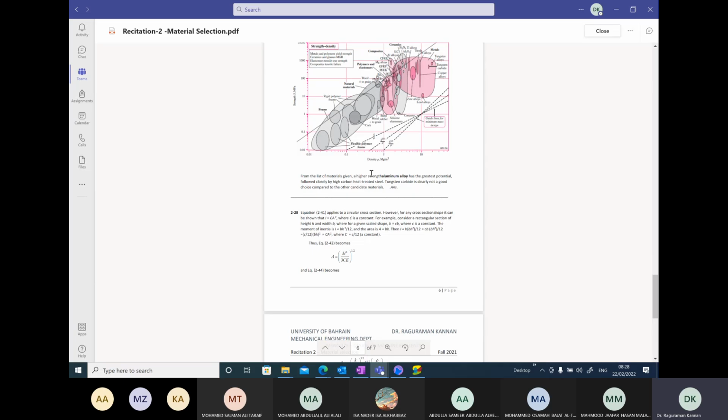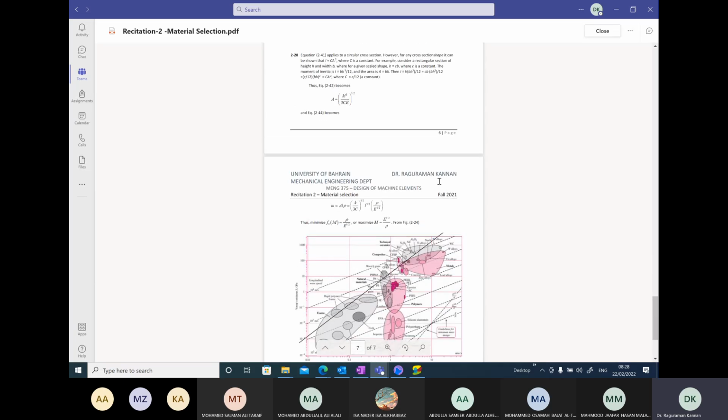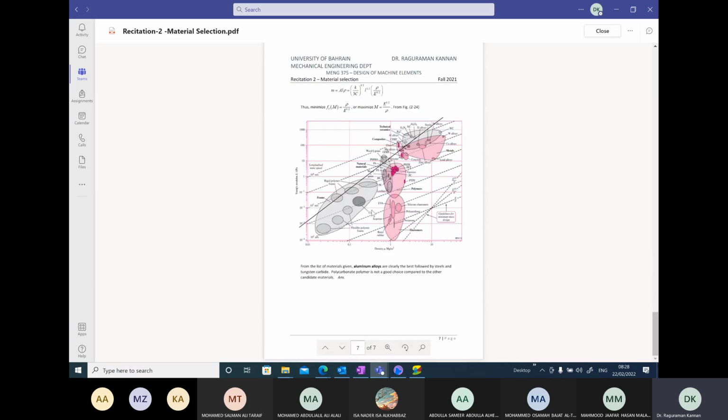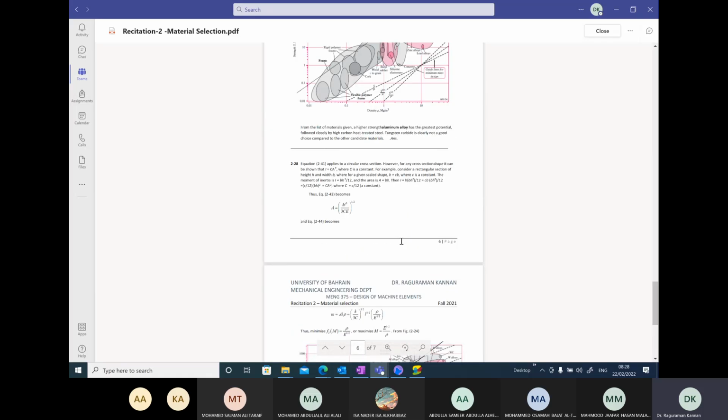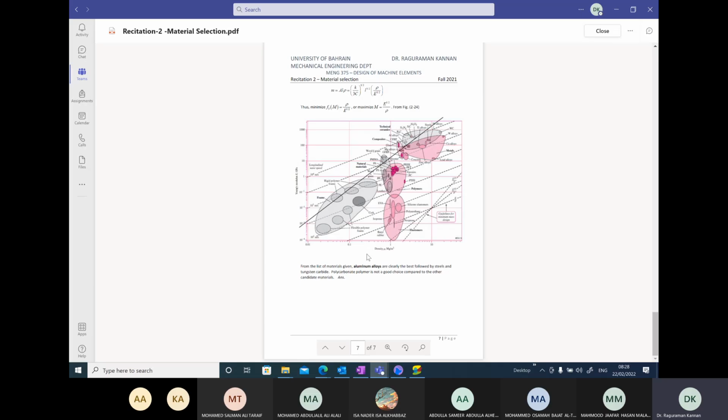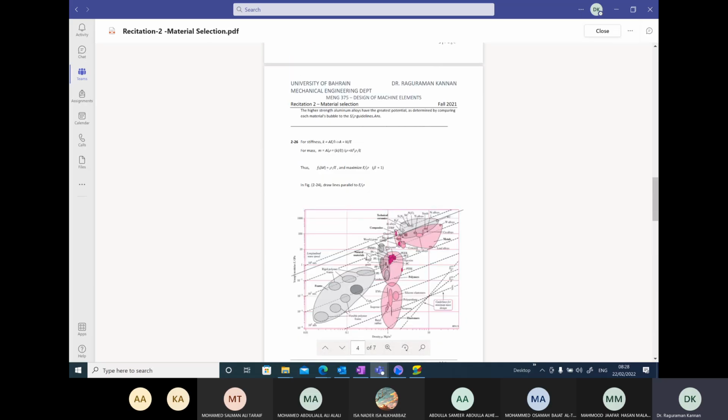You are given here an example problem for stiffness, light stiff beam. We already solved the problem. Again, you have more example problems here. So just go through these example problems.